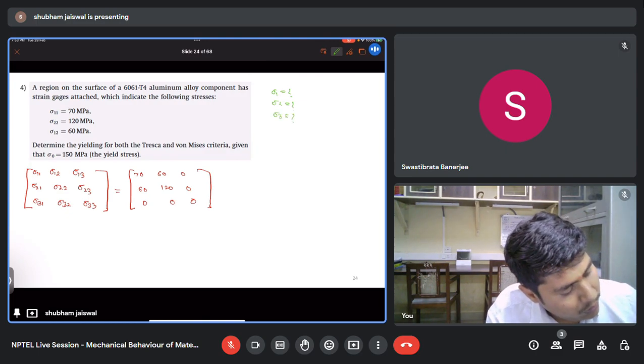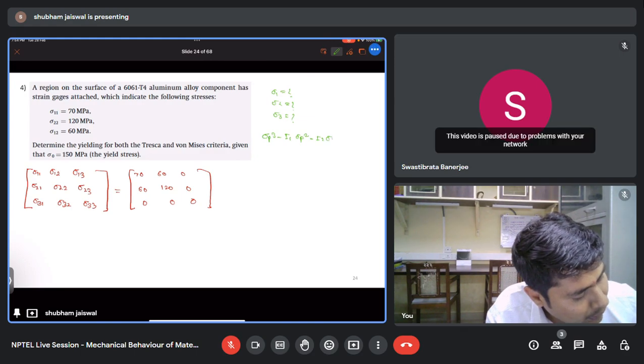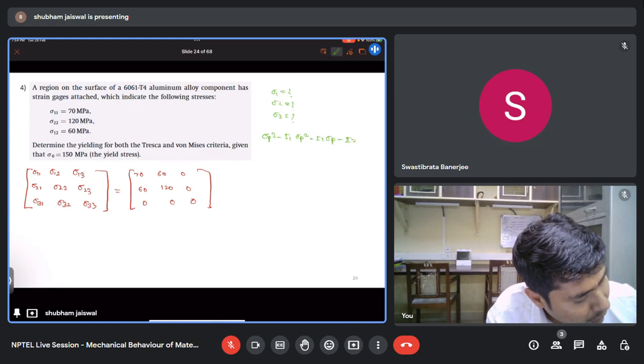So I can use the equation sigma p cube minus I1 sigma p square minus I2 sigma p minus I3 equal to 0.